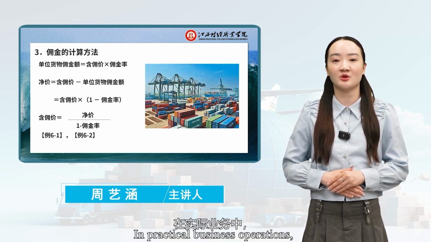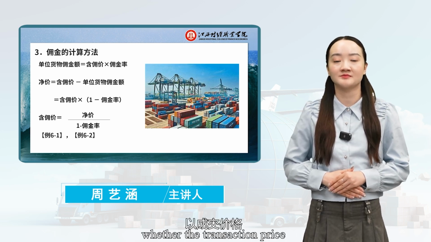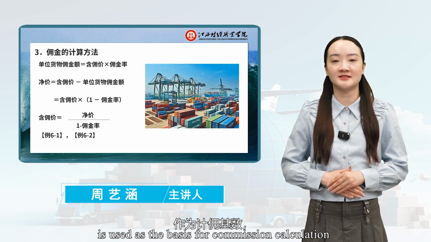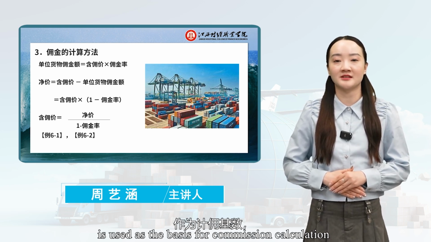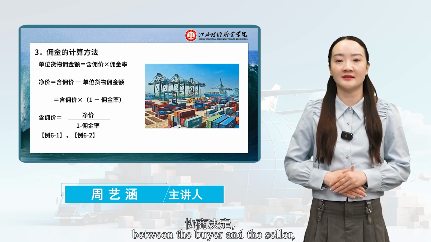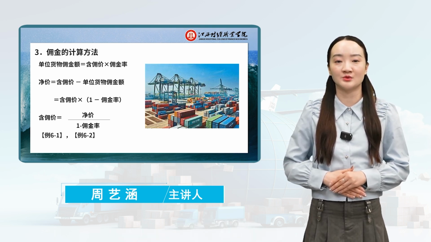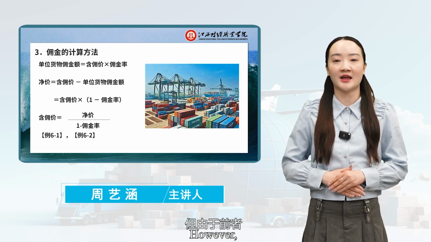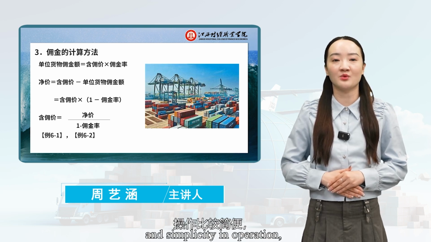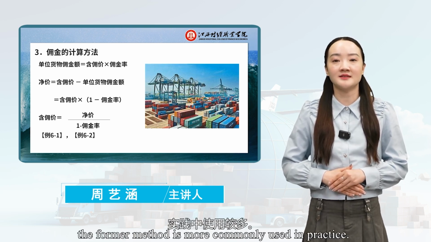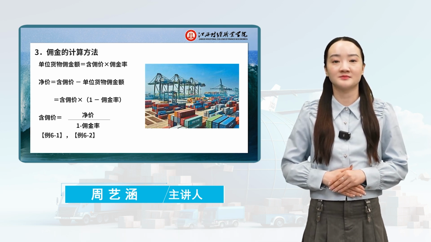In practical business operations, whether the transaction price or the FOB price is used as the basis for commission calculation is typically decided through negotiation between the buyer and the seller, and there is no uniform regulation. However, due to its convenience and simplicity in operation, the former method is more commonly used in practice.